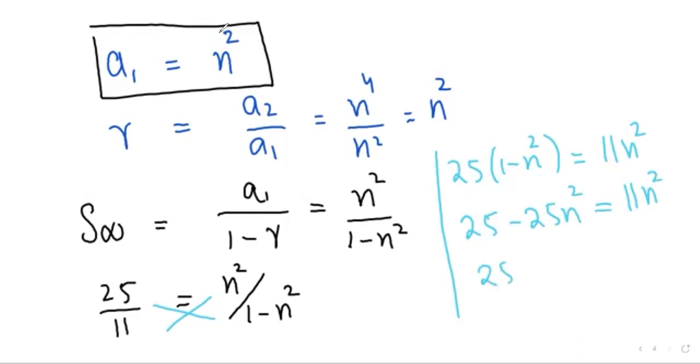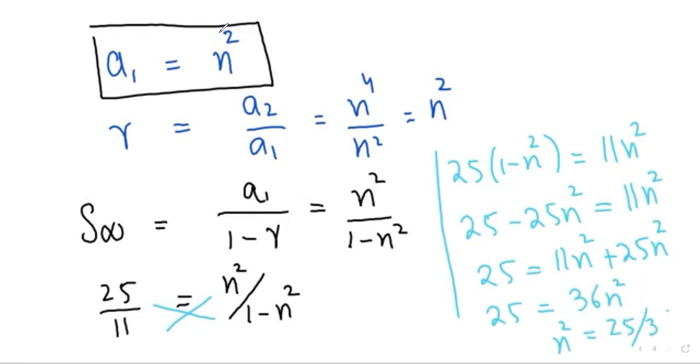So 25 is equal to 11n squared plus 25n squared. So 25 would be equal to 36n squared. We can find n squared, which is 25 over 36. And by taking the square root on both sides, n would be 5 by 6.